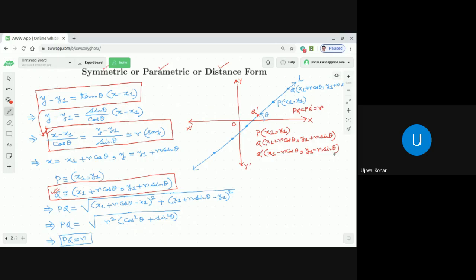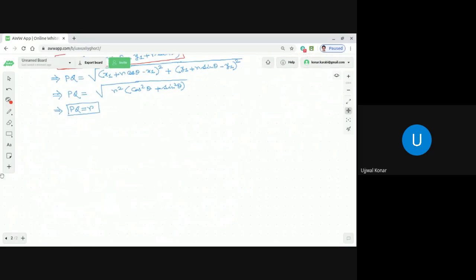Got it? So, dear students, what we understood is that this kind of equation, that is the parametric form, is very useful for the cases where we need to deal with the length of any portion of a straight line.